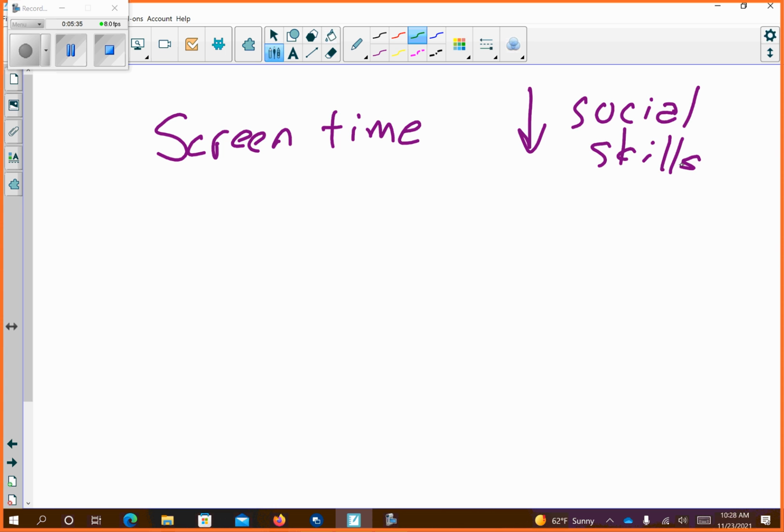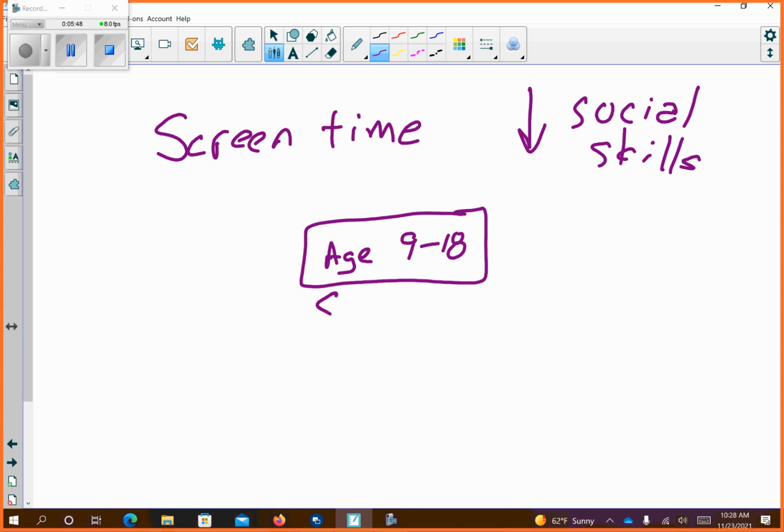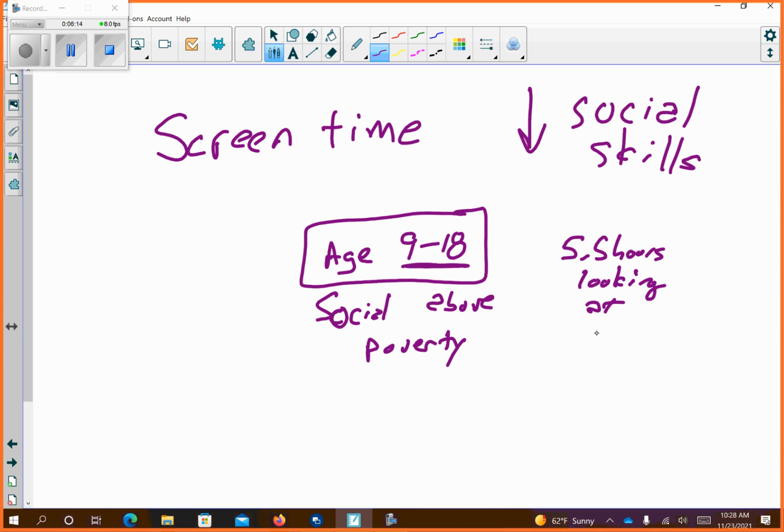I saw a study that said from age 9 to 18, of a socioeconomic status above poverty, meaning you're living above poverty, the average 9 to 18-year-old is spending 5.5 hours a day looking at a phone screen. Average.